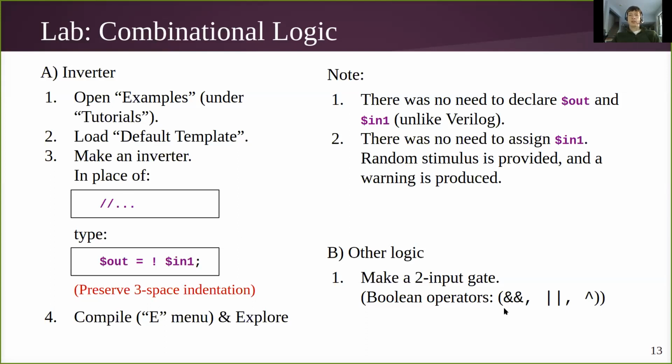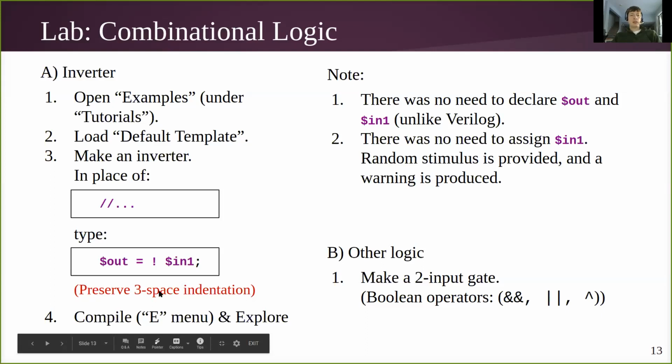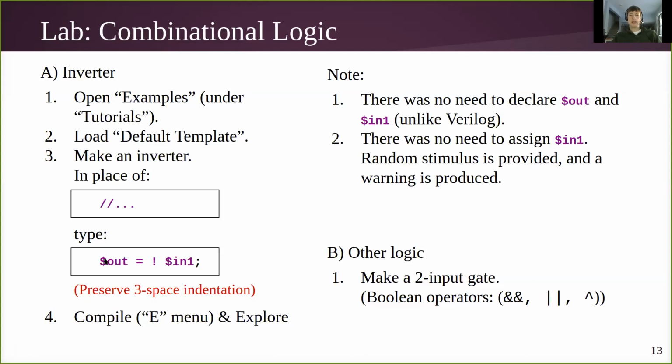And then you can try some simple logic gates. And you can see in Makerchip how these logic gates simulate, view the waveforms, view the logic diagram, play around with the platform. Make sure you're using 3 spaces of indentation as you code this logic. And again, I will let you pause the video and try this out on your own and start up when you're ready.